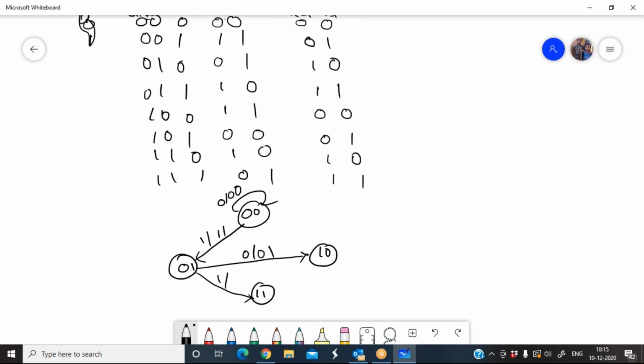So 1 by, what is the output here? 1 0. 1 by 1 0. Okay. Next present state is 1 0. Input is 0. Next state is 0 0. Output is 1 1. So 0 by 1 1.